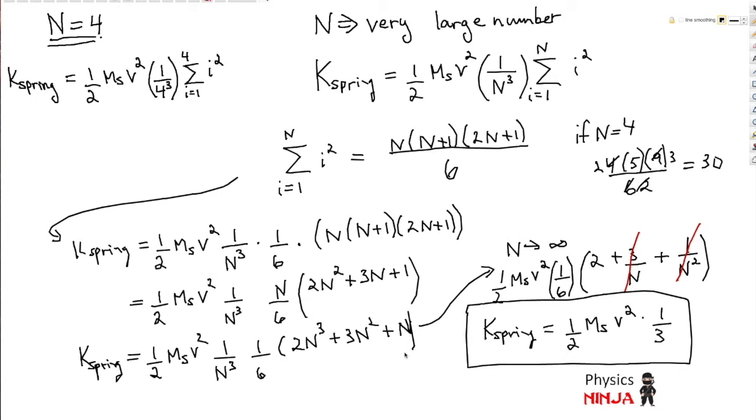And it's kind of a simple expression, actually, right? You end up just getting a regular kinetic energy expression that you would have for any individual mass, and you end up just having to multiply that term by a factor of 1 over 3. Okay, so that's the total spring kinetic energy when n is very large.